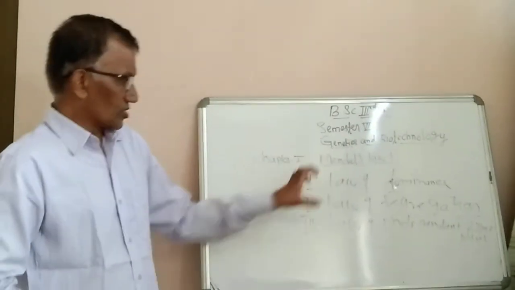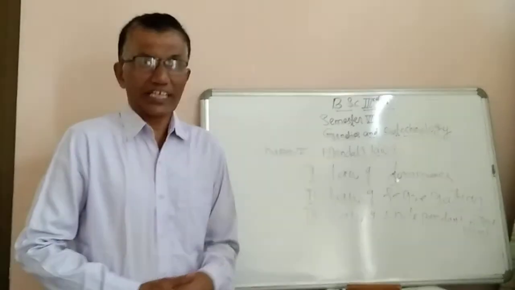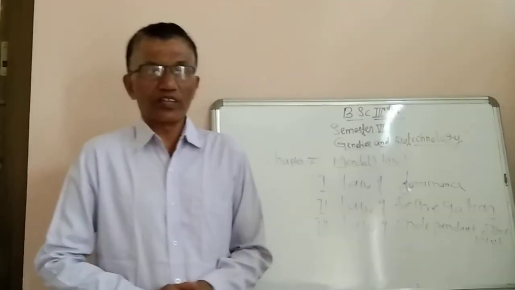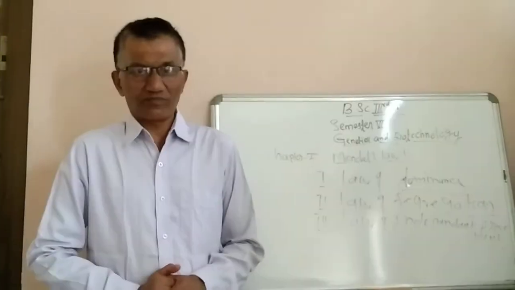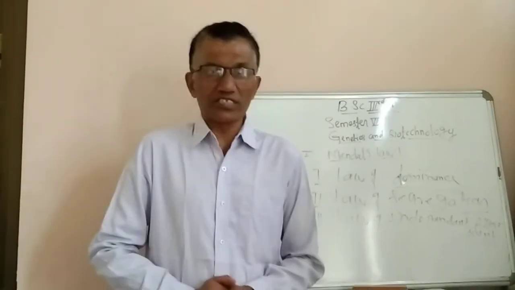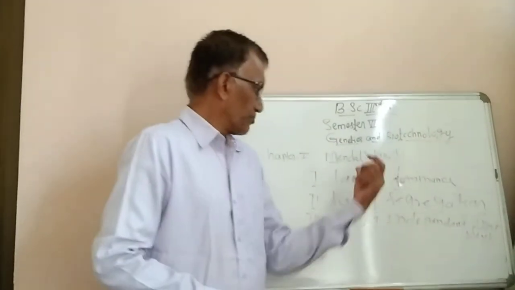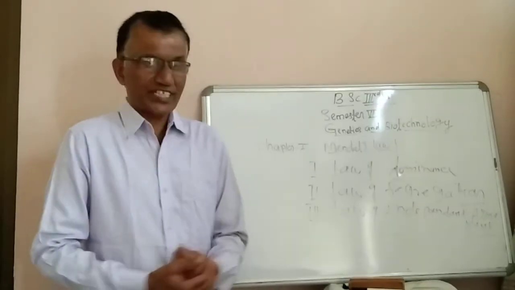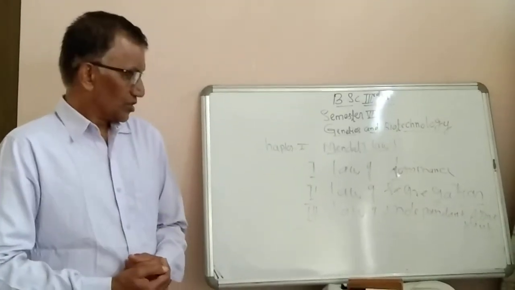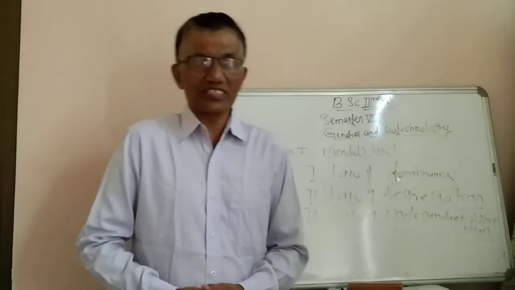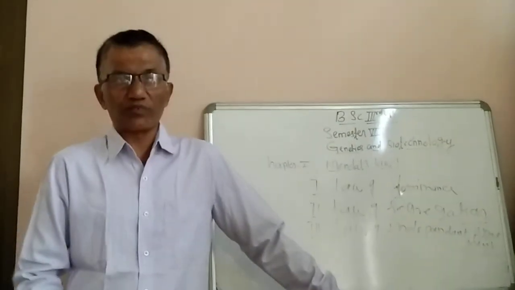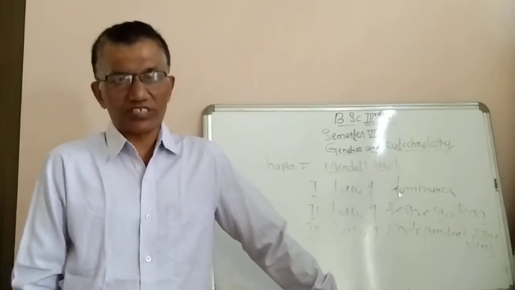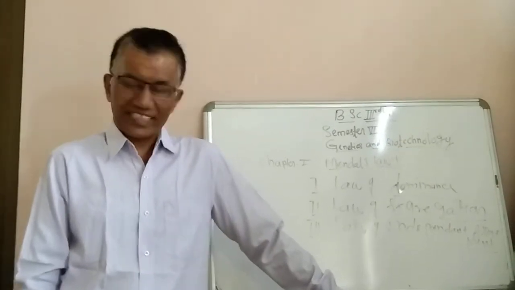For the law of dominance and the law of segregation, he took a monohybrid cross into consideration. With the help of the monohybrid cross, he proved the law of dominance and the law of segregation, and to prove the law of independent assortment, he considered two pairs of contrasting characters at a time.